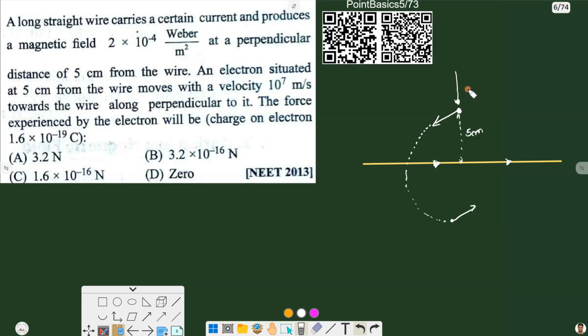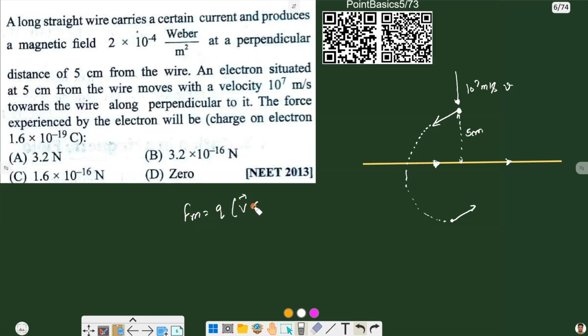At this point its velocity is 10 raised to power 7 meter per second. So the velocity of the electron is in negative y direction and the magnetic field is out of the plane, in the positive k direction. So now if we write the formula for the magnetic force, it will be Q V cross B.